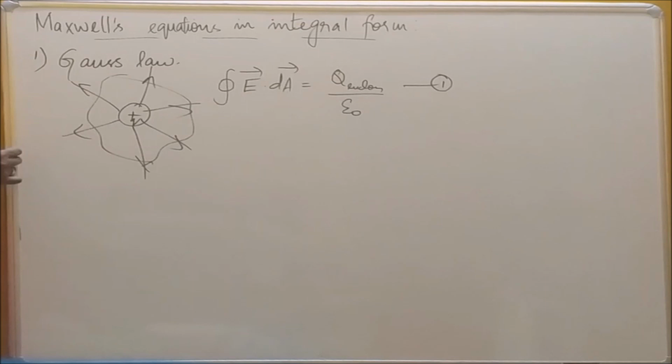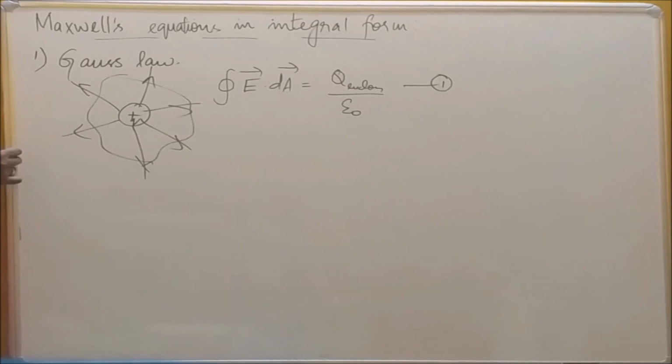This E vector is nothing but the electric field, and Q enclosed is nothing but the charge enclosed. So from Gauss law, the integral of E vector dot dA vector is equal to Q enclosed by epsilon naught. This equation indicates that the electric field lines start from a positive charge and terminate at a negative charge, and do not form a continuous closed path.